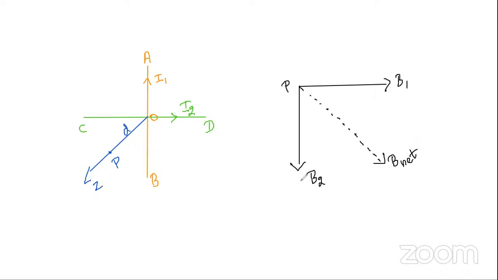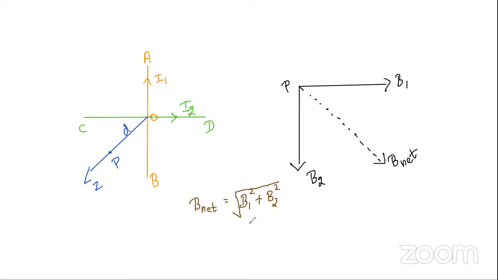So the B net is now given by, since both are vectors, square root of B1 squared plus B2 squared.